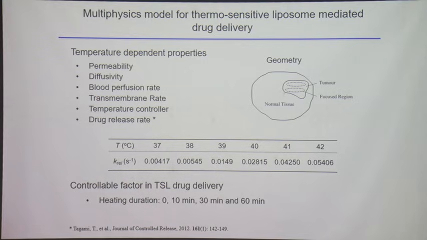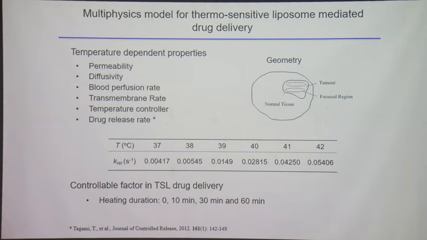We only talk about the temperature change from body temperature to mild hyperthermia, just about 4 or 5 degrees at most. But still, it has an impact on these. The permeability has an impact on the diffusivity, the perfusion rate, and the transmembrane rate. And if you have a temperature controller, that makes sure it does not overheat the body and needs to be considered.